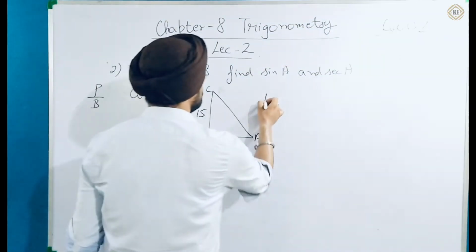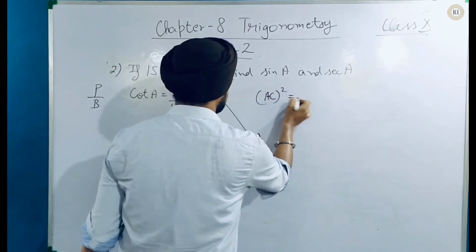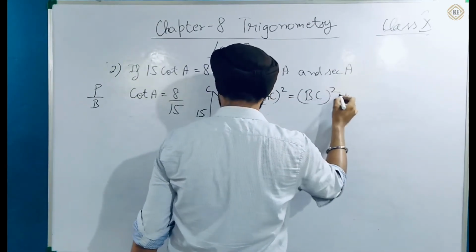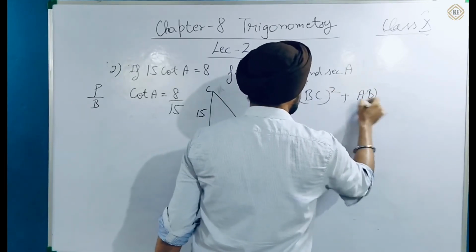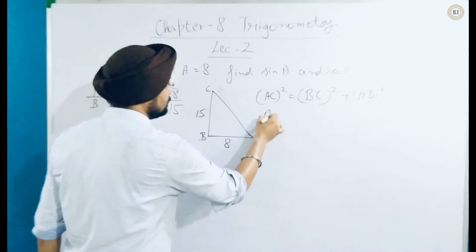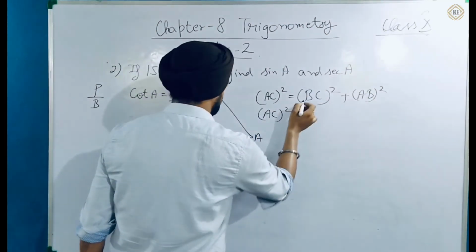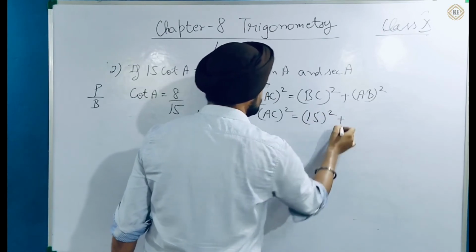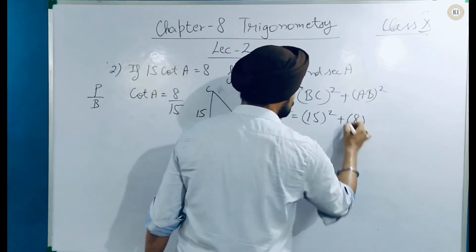You can check also: AC square is equal to BC square plus AB square. So AC square is equal to, the value of BC is 15, 15 square plus AB is 8 square.